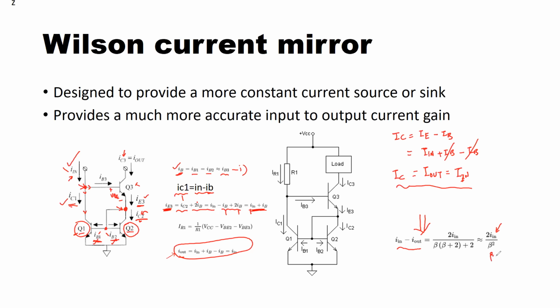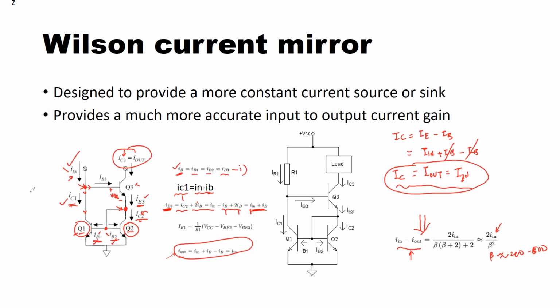So if the beta is very, very large, let's say approximately 200 to 500, it can go, so this difference can be reduced to a negligible level. And therefore our approximate equation will always be this, as you can see right here.